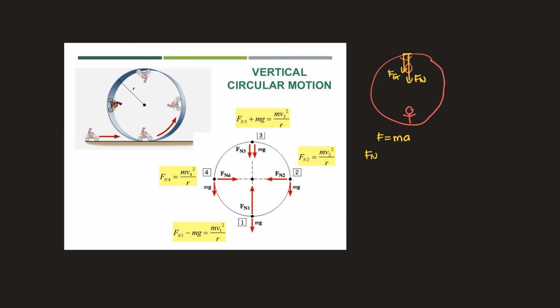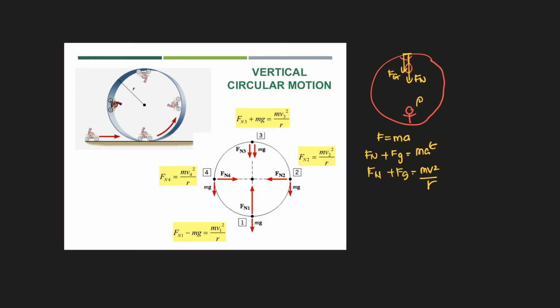Because the centripetal force is toward the center, I'm going to follow the direction of the centripetal force and put it as positive. So Fn plus Fg equals what? Ma. So Fn plus Fg equals mv square over r, like that.